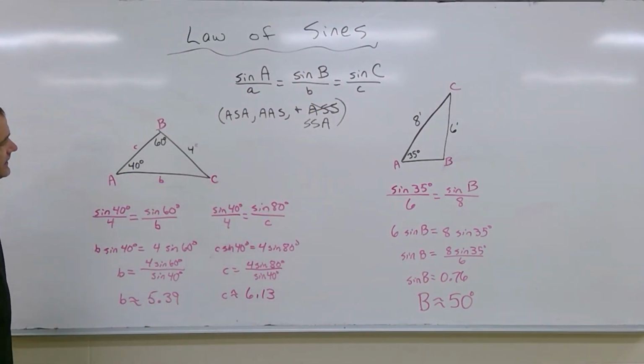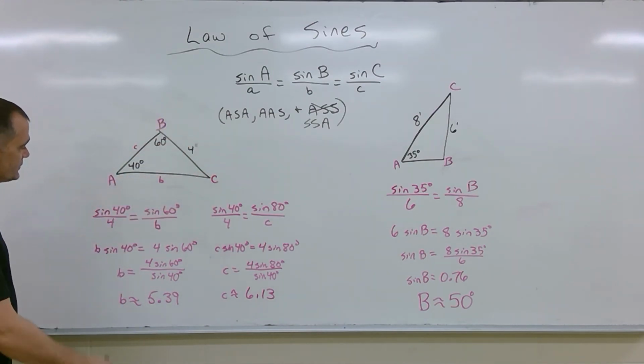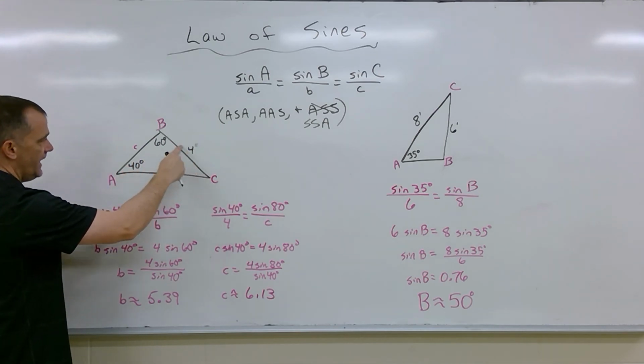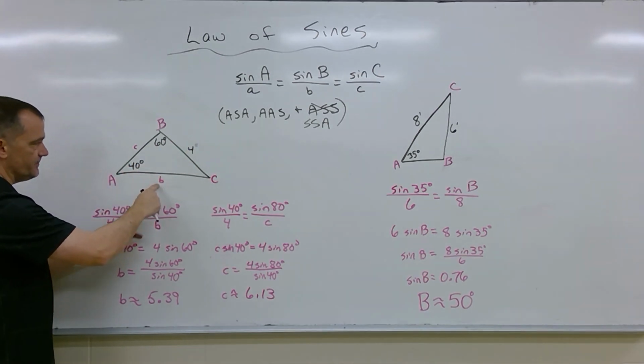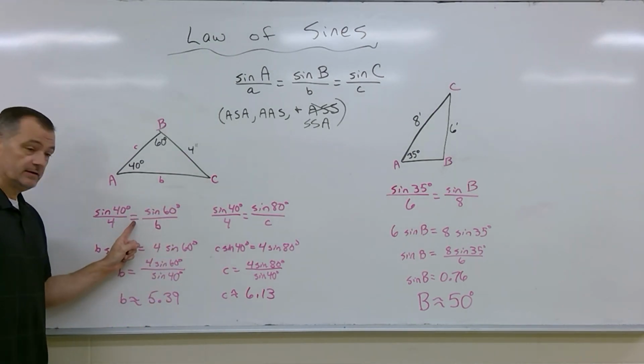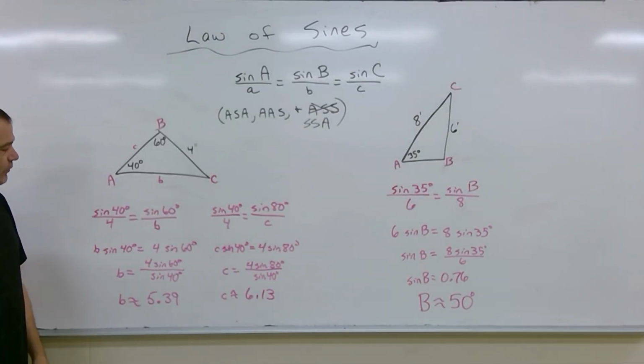So what I did here was use the law of sines. It's ratios. I said the sine of 40 is to 4 inches as the sine of 60 is to b. With a proportion, an equation stating 2 ratios are equal, what we really want to make sure is that we only have one missing value.